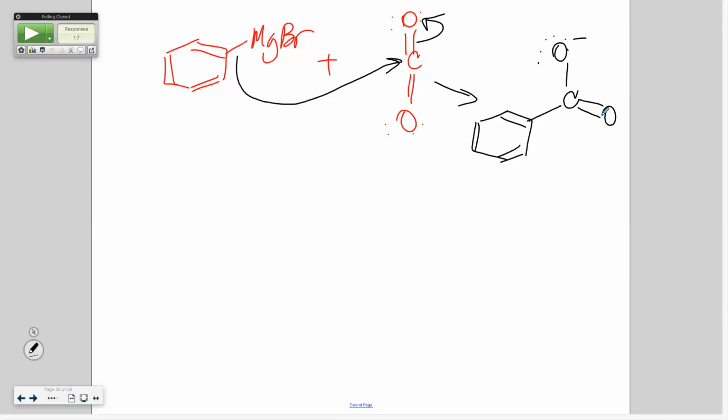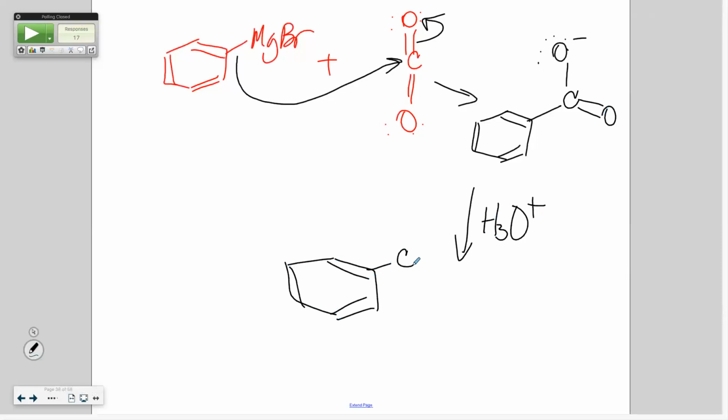Okay, so all we're going to do now is add acid. And what are we going to make? What kind of compound is this? Is it a secondary alcohol? Is it an alcohol? It's a carboxylic acid.